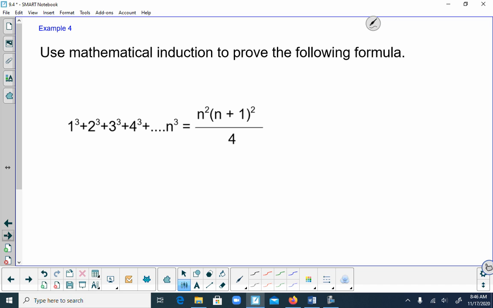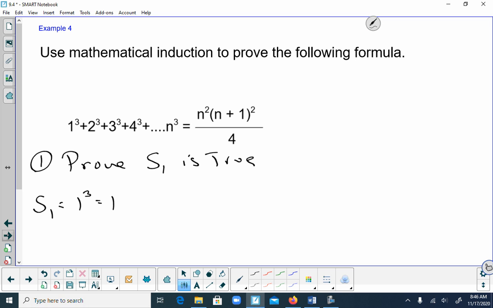So here I have the same thing. I'm following the formula. I'm first going to show that S1 is true. So the sum of 1, well, 1 to the third is 1.